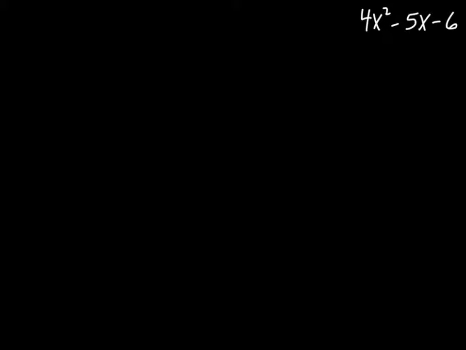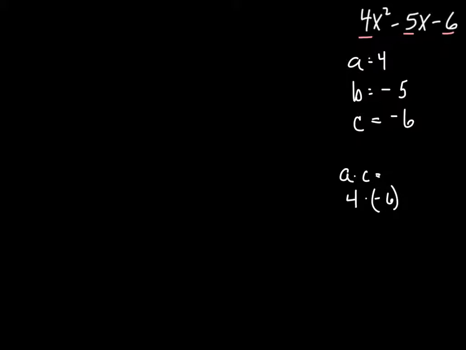All right, let's take factoring to another level. So we have our a, b, and c in standard form. My a is going to equal 4, my b is going to equal -5, and my c is going to equal -6. When factoring by grouping, we want to multiply a times c, and that's going to give us 4 times -6, which is -24. We want to find factors of -24 that when added together are going to give us that -5x we were looking at.